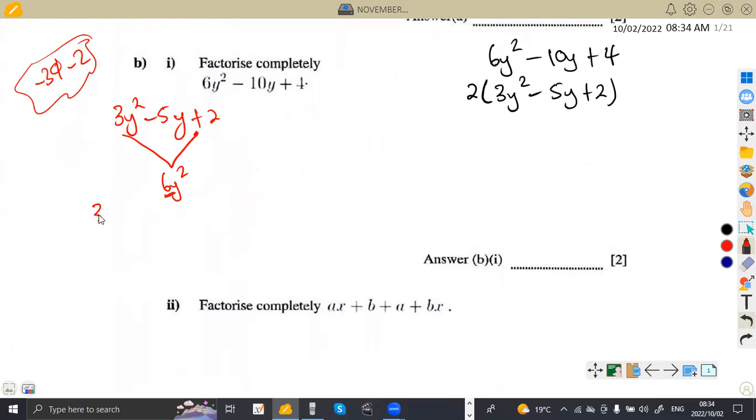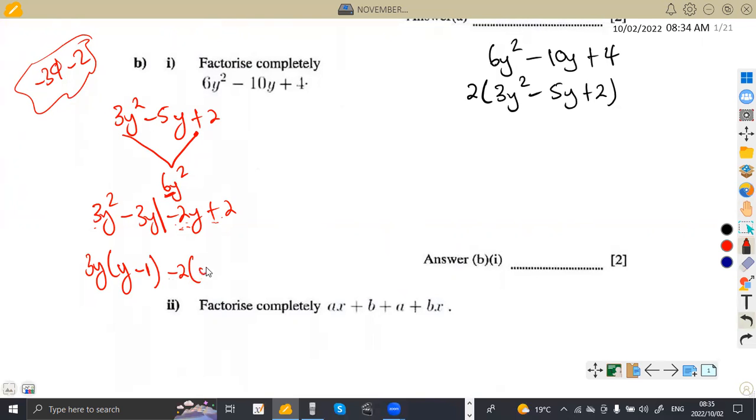So these are the terms that you're going to replace in the middle term, which is -3y minus 2y plus 2. By factoring out 3y, which is common for the first two terms, you're going to remain with y minus 1. In order for us to remain with y minus 1 from the last two terms, we are going to factor out -2 so that this can be a positive.